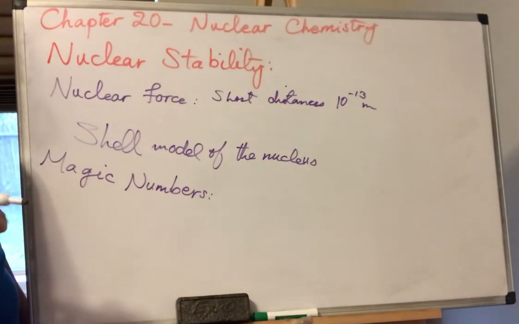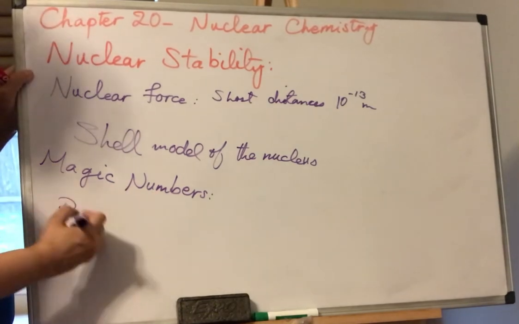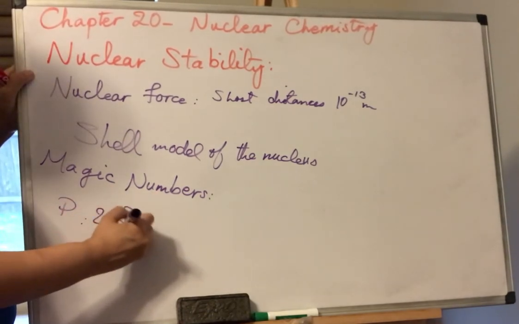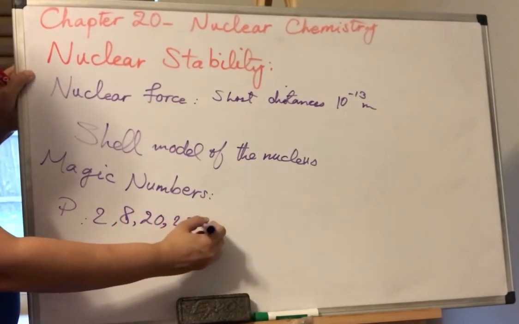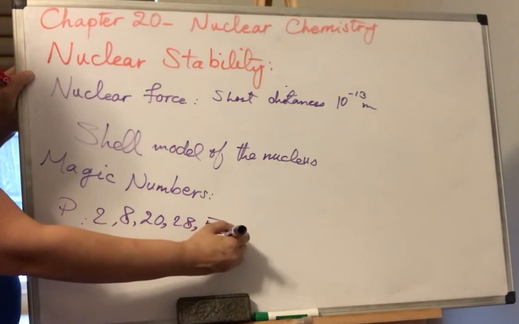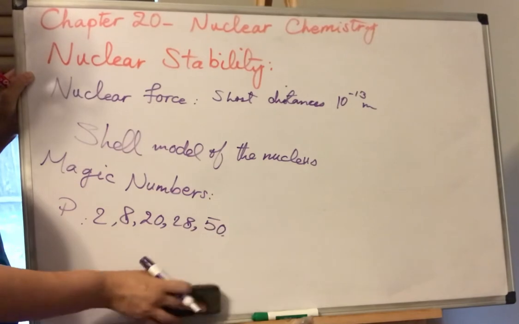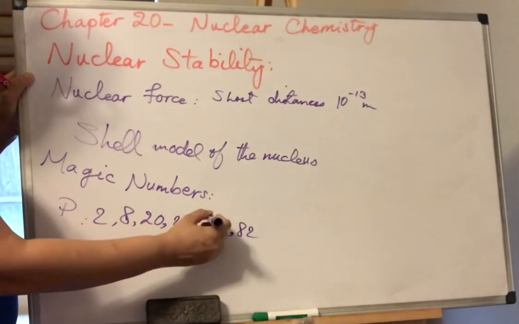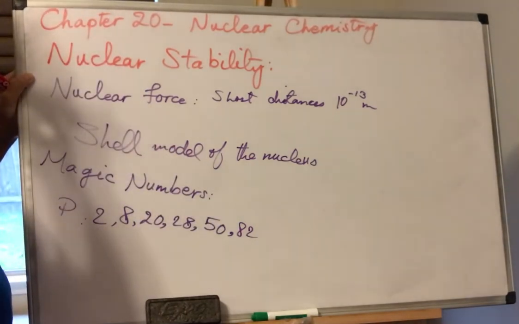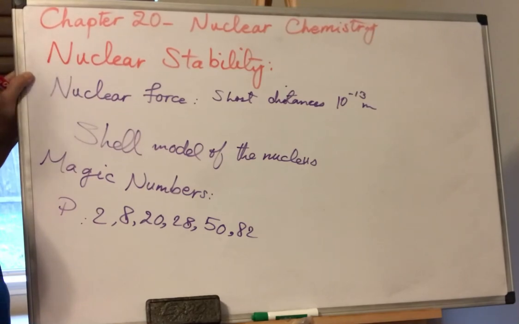Now here, for the magic numbers for the number of nuclear particles, for protons we have 2, 8, 20, 28, 50, and 82. So a little bit of memorization will help you here to solve the problems regarding the nuclear stability. So 2, 8, 20, 28, 50, 82.